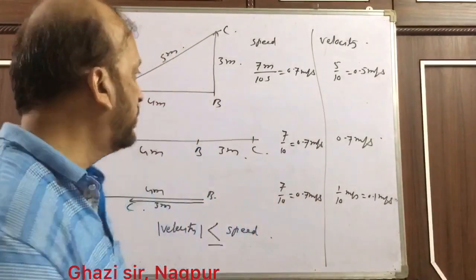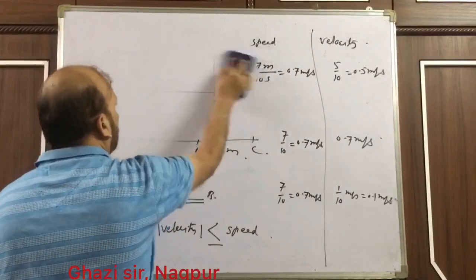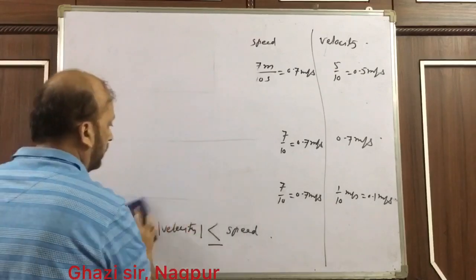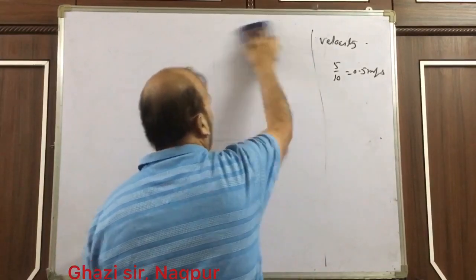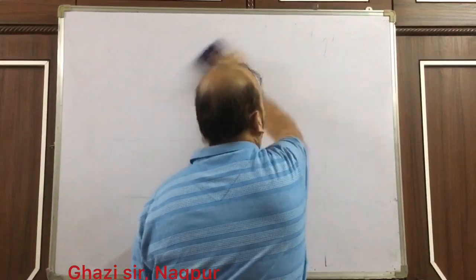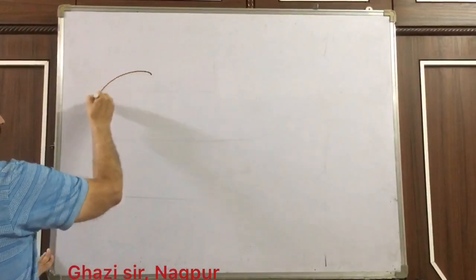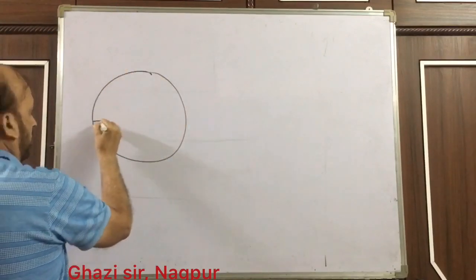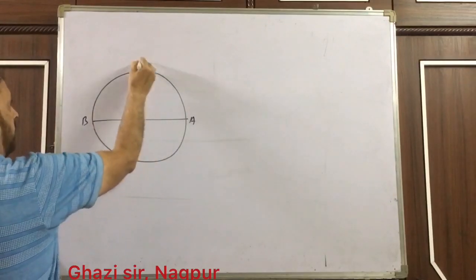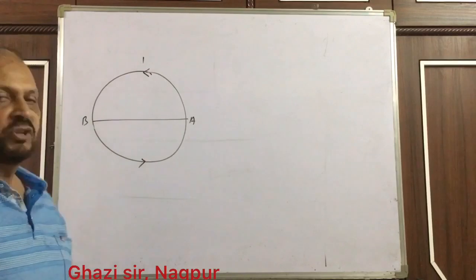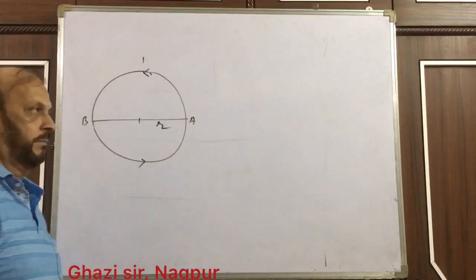Now suppose a particle is traveling along a circle. This is A, this is B. Suppose the particle is moving from A to B on a circular path of radius r.